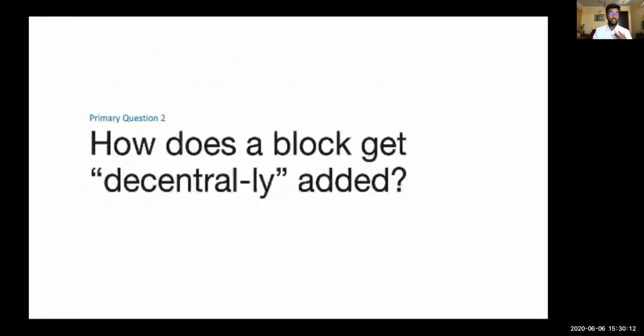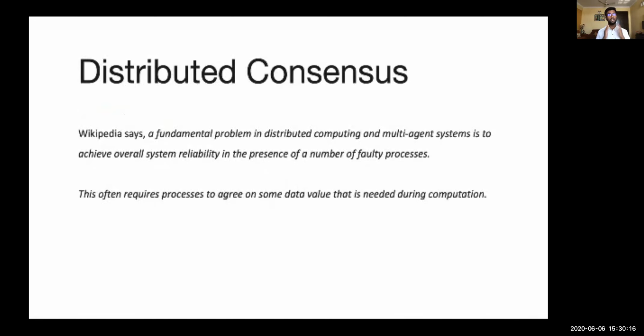So to actually get a block added in a decentralized way into a blockchain network, we have to arrive at a distributed consensus, which Wikipedia says is a fundamental problem in a system that is multi-agent or multi-node, spread across an entire network over the globe. The point is to arrive at a consensus in the presence of a number of faulty processes. Those are the faults I was talking about, right?